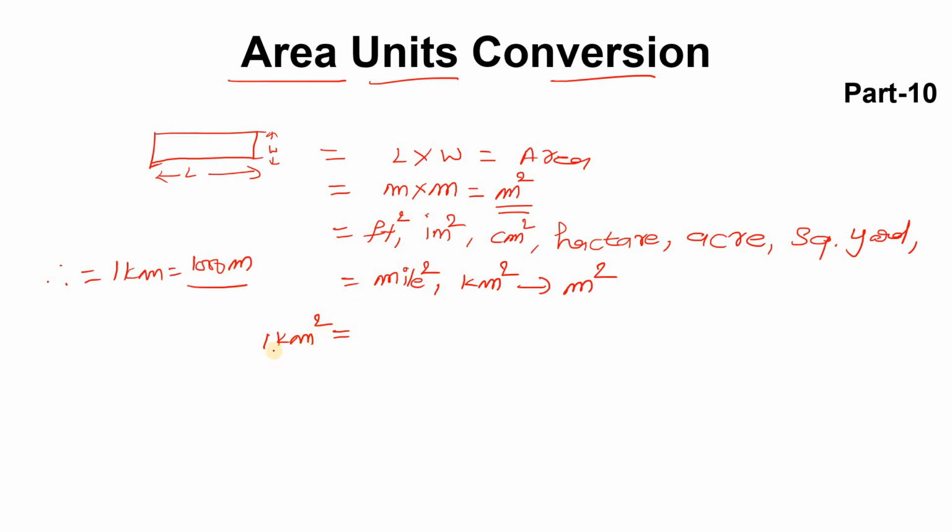Here we are talking about 1 kilometer square, so we write 1000 meter into 1000 meter, two times. It becomes simply 10 to the power 6 meter square, because the base is the same, so the powers will be added.